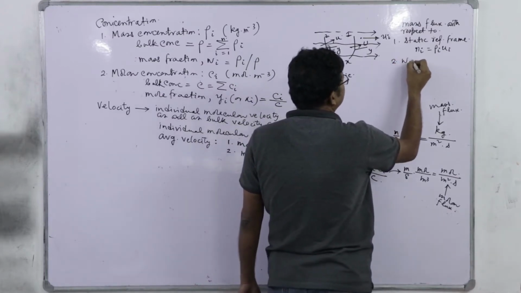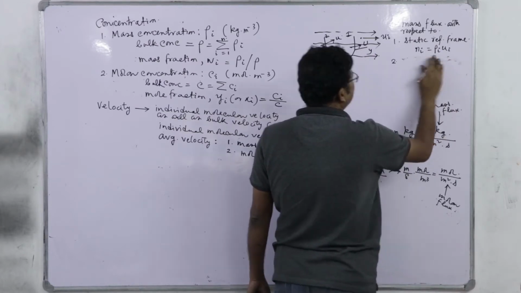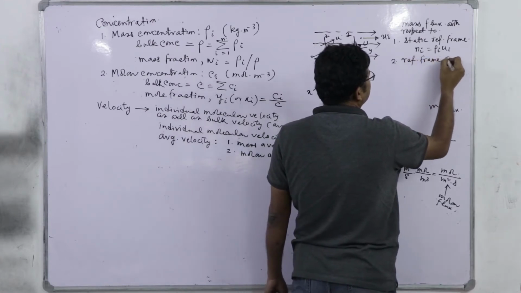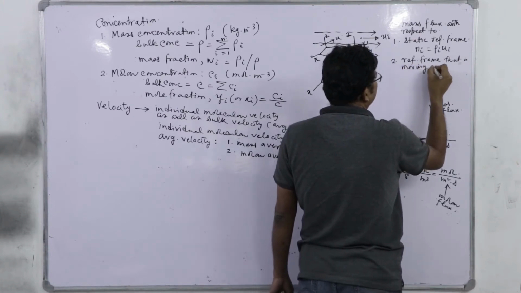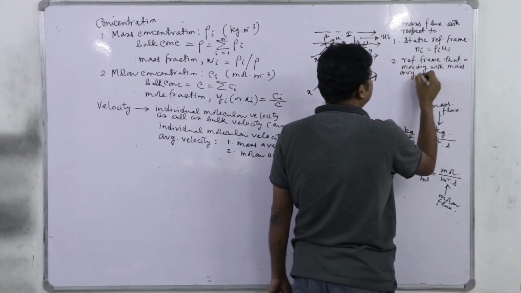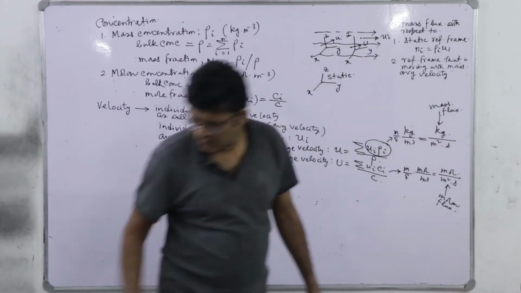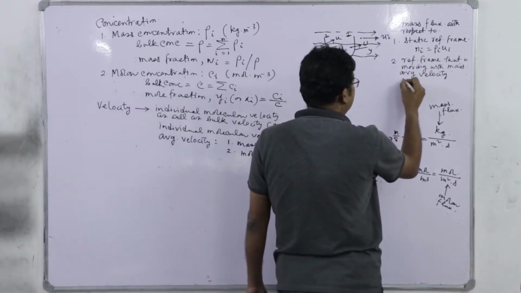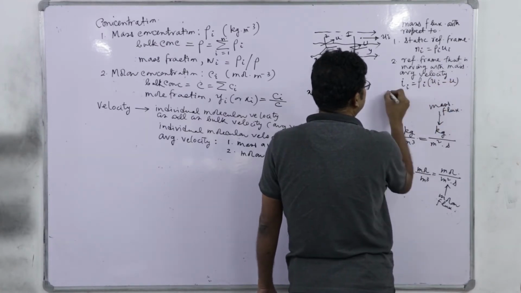Next, with respect to a reference frame that is moving with the mass average velocity. What notation have I used? Yeah, it is ji equal to rho i into ui minus u.